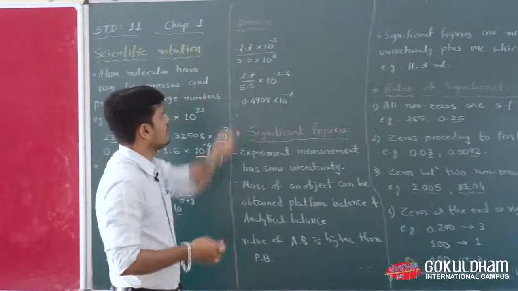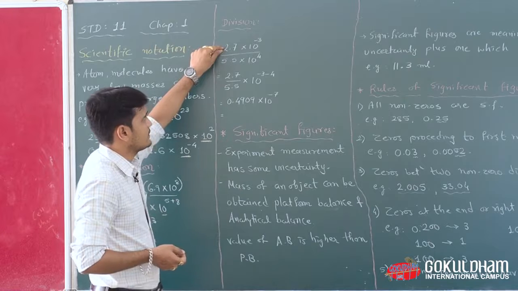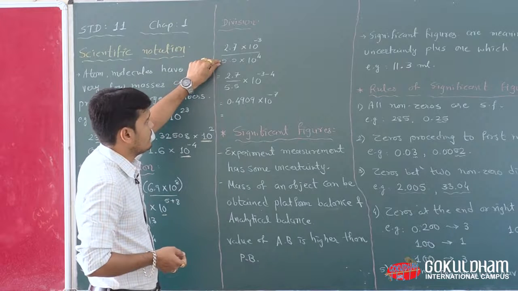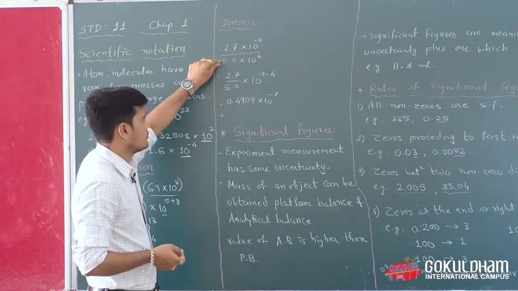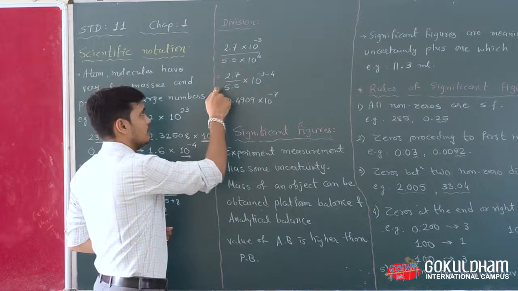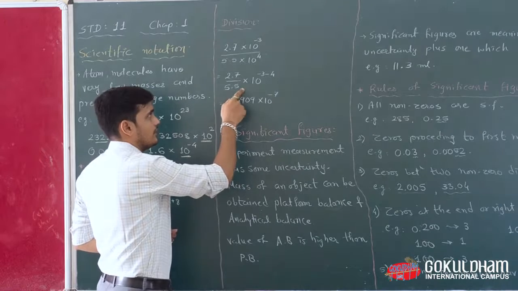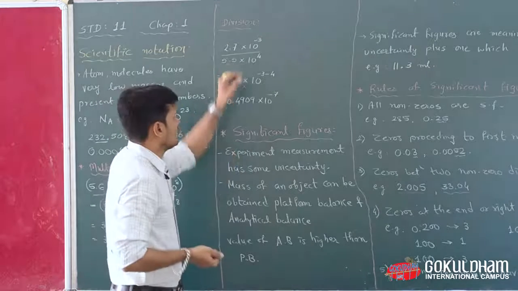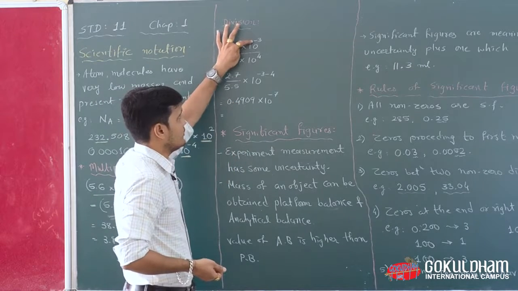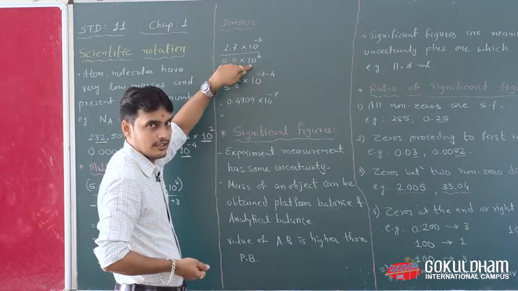Now again, division. Both values are 2.7 into 10 raised to minus 3 and 5.5 into 10 raised to 4. You have to divide these values by your calculator, 2.7 upon 5.5, into 10 raised to minus 3 on the upper side and 10 raised to 4 on the lower side.